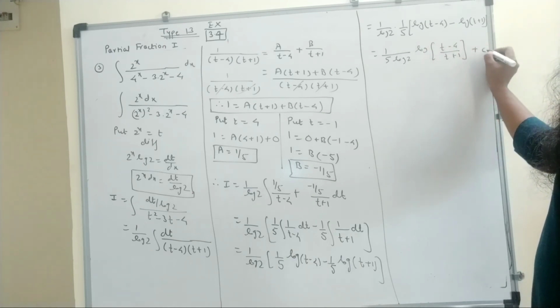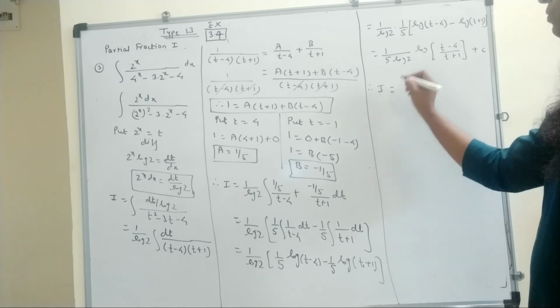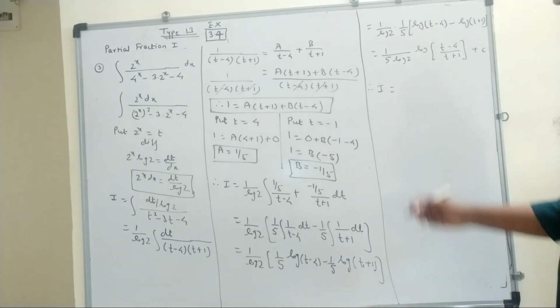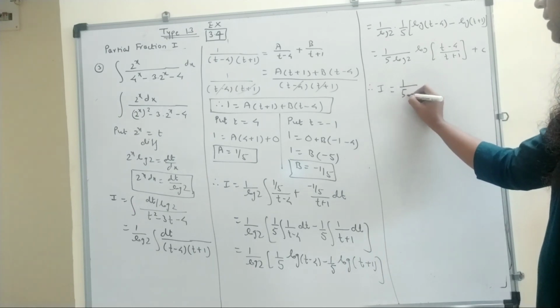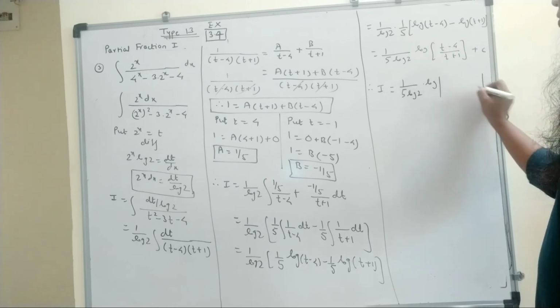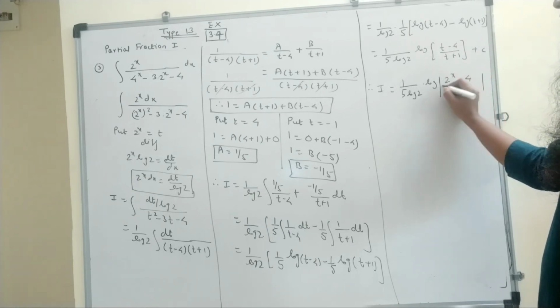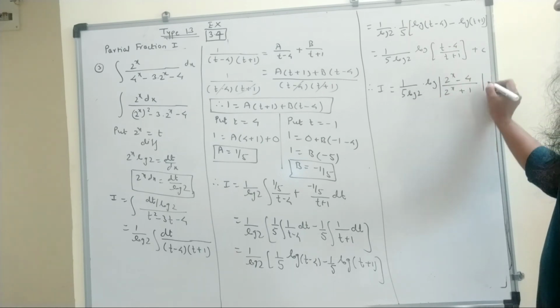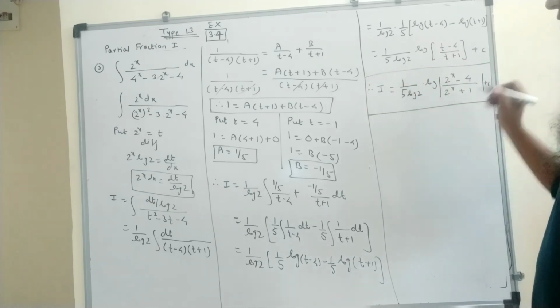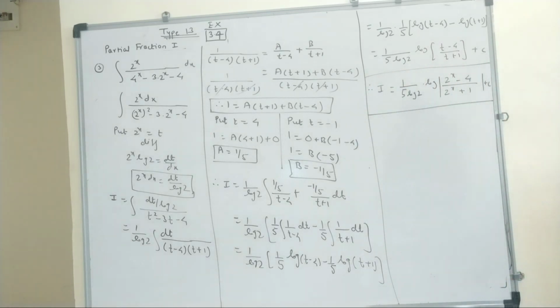And so finally we substitute t as 2 raised to x. This is 1 upon 5 log 2 into log of 2 raised to x minus 4 upon 2 raised to x plus 1 plus some constant value c. This is your final integration value.